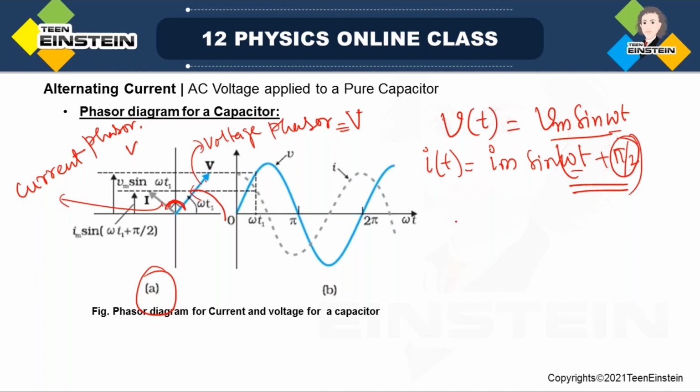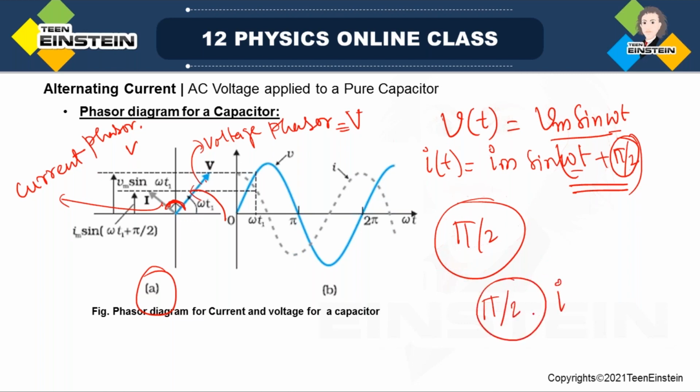In the inductor case also, we have seen that the phase difference between current and voltage was pi by 2, but in that case, current was lagging. And in this case, the voltage is lagging, current is leading.